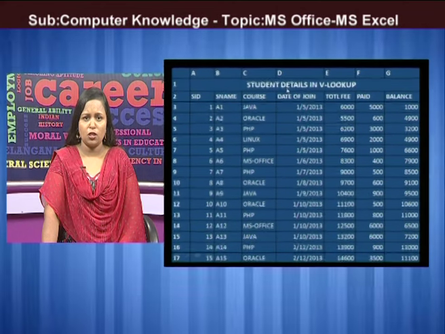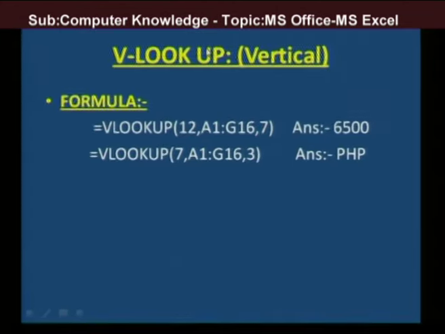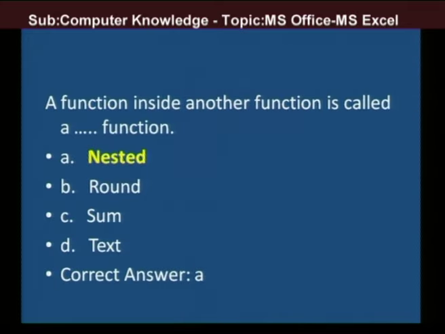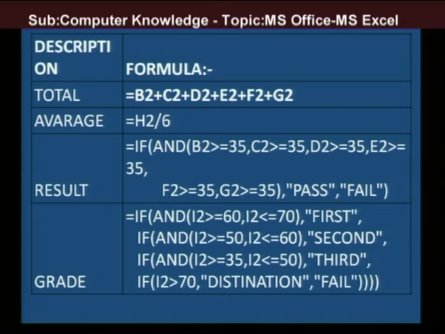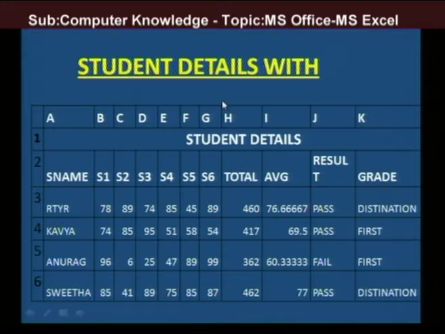Okay. Next, coming to different calculation parts, in a simple manner. How to use, for example, student details. Student details consist of student name, subject marks, total, average, result and grade. In these calculations, we have to find the total based on columns and rows.